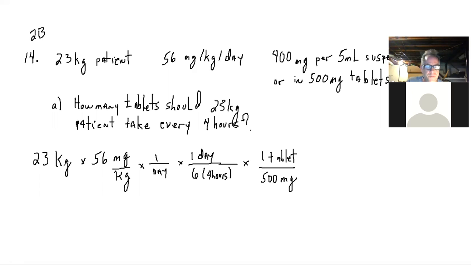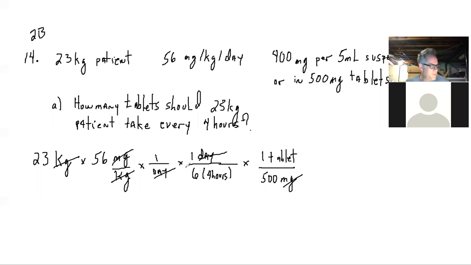Now let's look and see about units canceling out. Getting everything to cancel out the way we want it to. The kilograms are going to cancel. Day cancels. Milligrams cancel. And what I'm left with as I go across the top in terms of units is tablet per 4 hours.